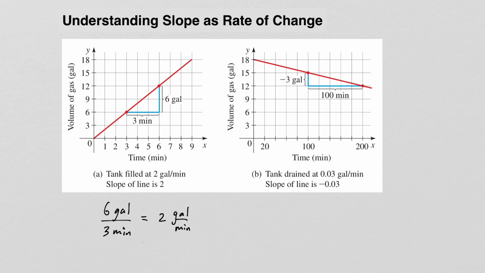So the slope here is -3 gallons per 100 minutes. And if you simplify this, this is -0.03 gallons per minute. So again, the slope represents the rate of change of the vertical variable compared to the horizontal variable.